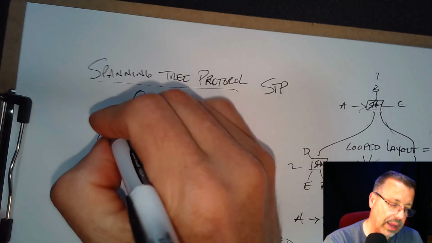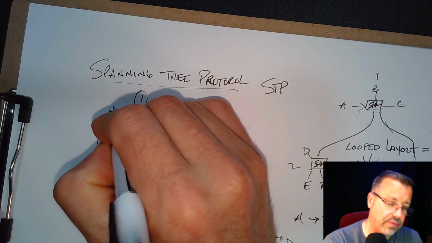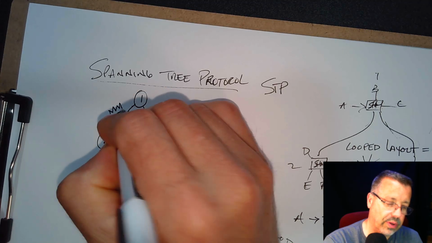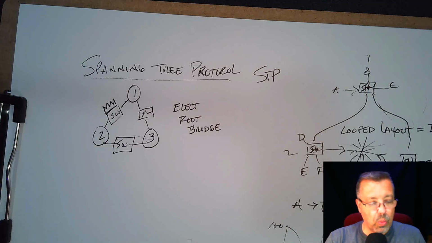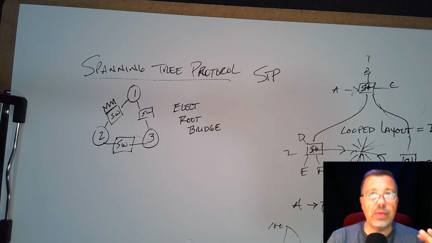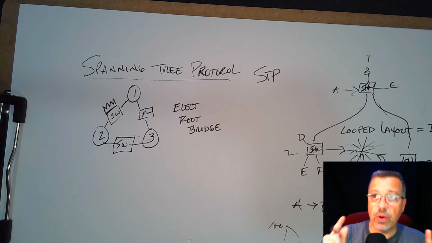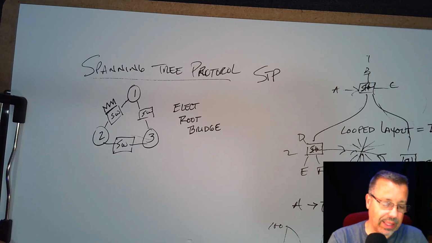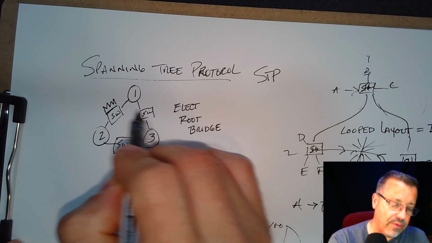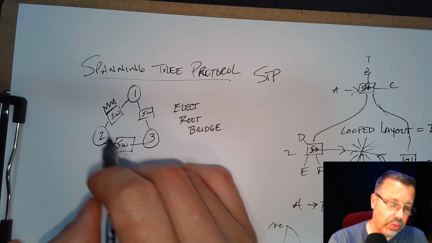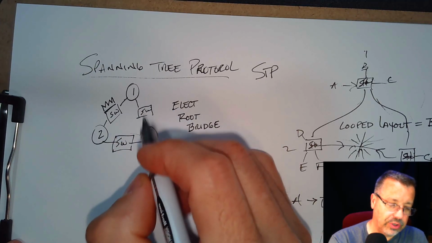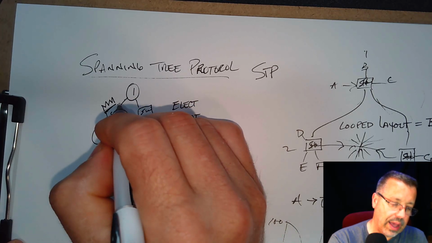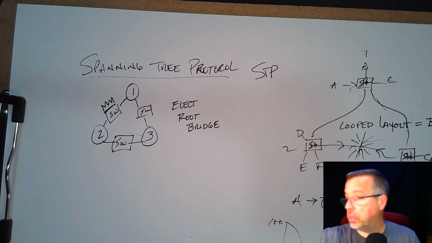So let's say that they have voted, and for some reason they have elected this switch the king. So what will happen is they will figure out what communication paths they need so that everybody can talk to the root bridge.